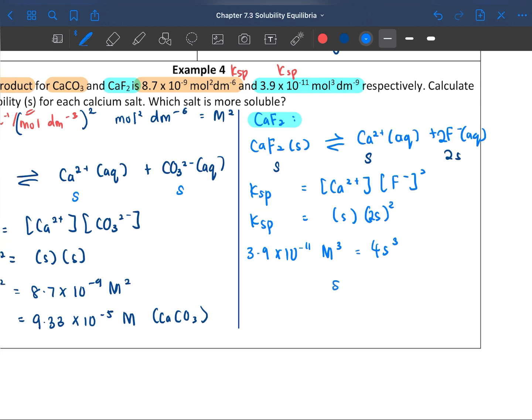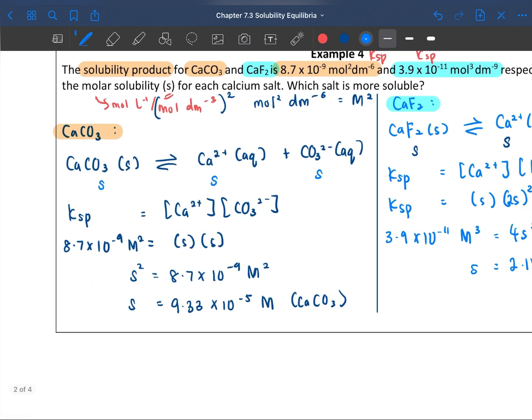Tekanlah calculator, dapatlah S, cube root kan this one. Saya cube root kan, saya dapat 2.14 eksponen negatif 4 unit dia molar. Ini adalah untuk CaF2.